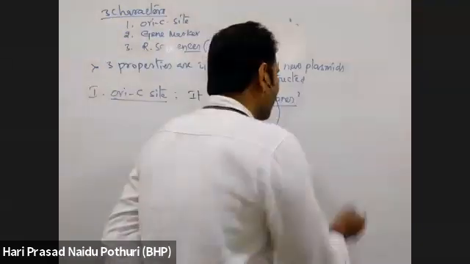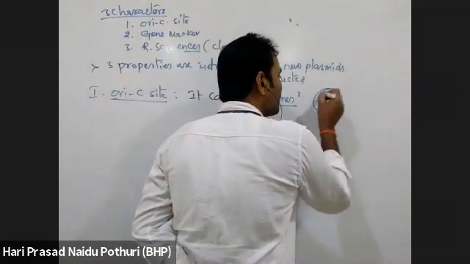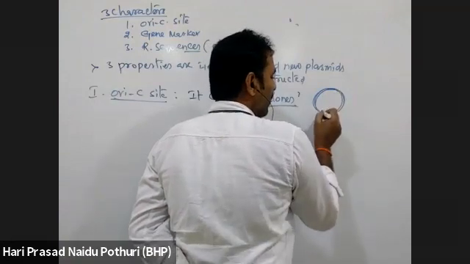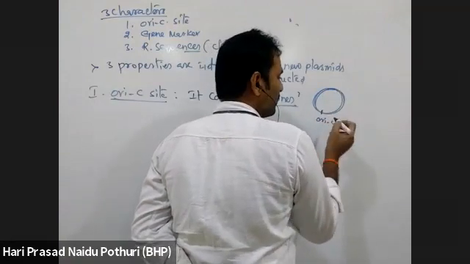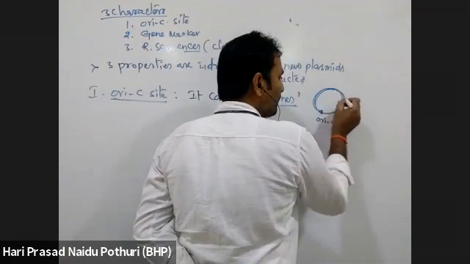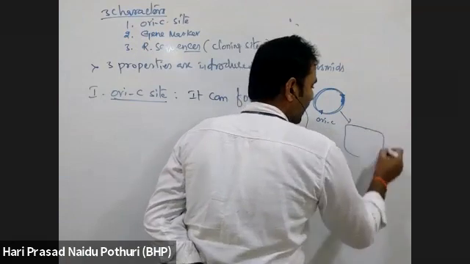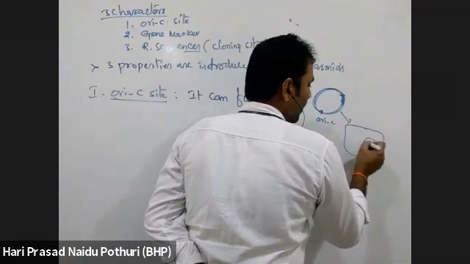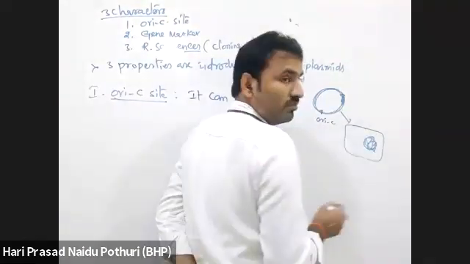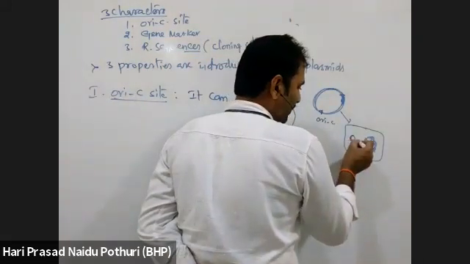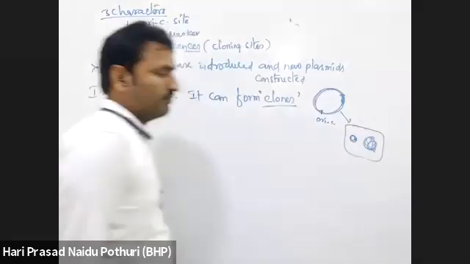We construct rDNA by introducing a gene into the plasmid. Suppose a plasmid has an ORI site here. Into that plasmid, one desired gene was introduced and it was taken into a host cell. The host cell has its own genome. And this plasmid has one desired gene.